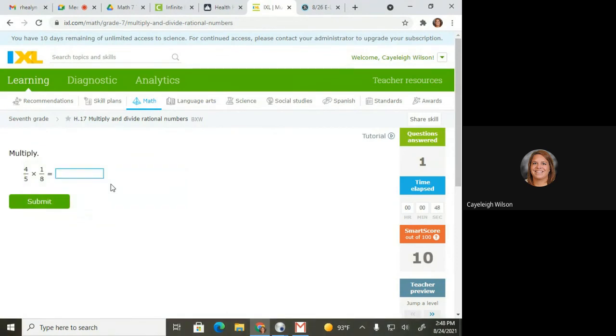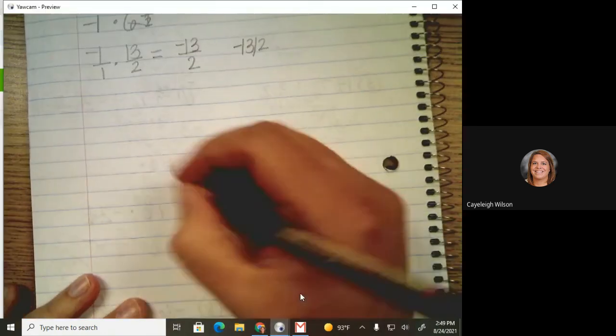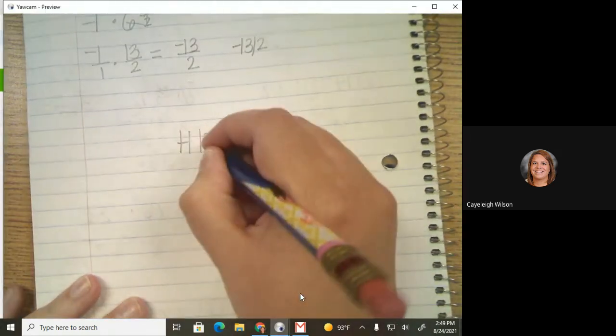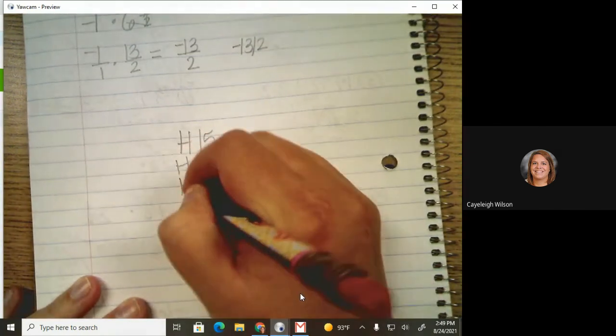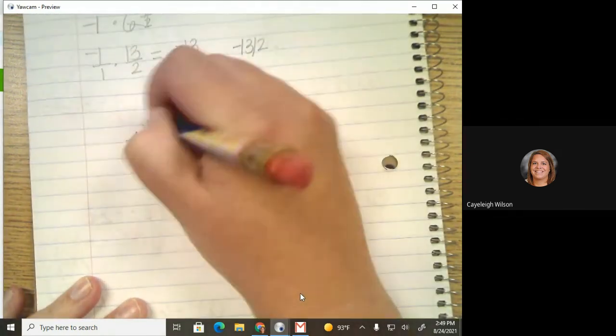So like this one, 4/5 times 1/8, just multiply straight across the top, straight across the bottom, and you are going to reduce if you can, okay? If you can't, then you can't. So once again, I'll go back here and I'll also type it in there, but we are going to do H15, H16, H17, and this is all under 7th grade.